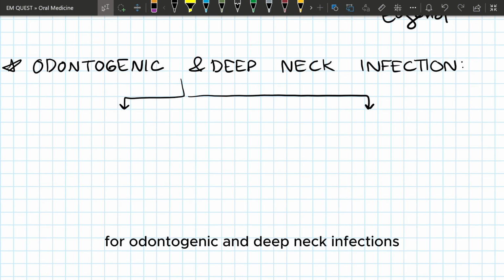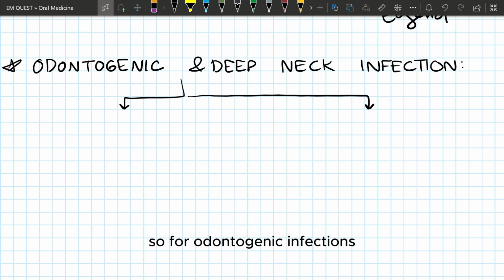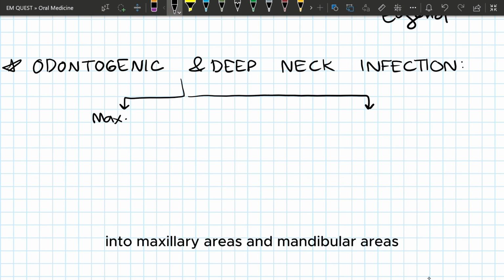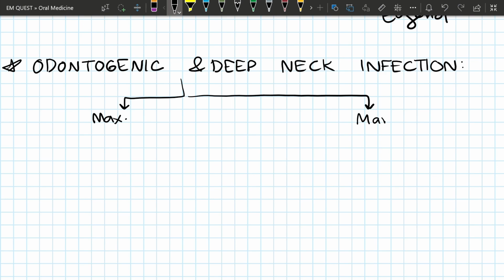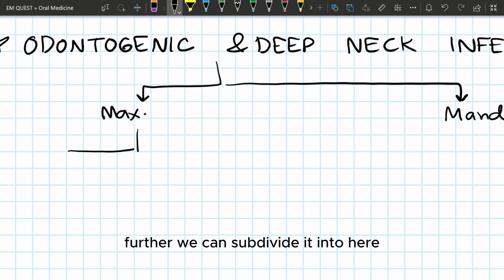For odontogenic and deep neck infections, let's first understand the classifications and categorizations. For odontogenic infections, we can divide the spaces into maxillary areas and mandibular areas. In maxillary, we can further subdivide it.